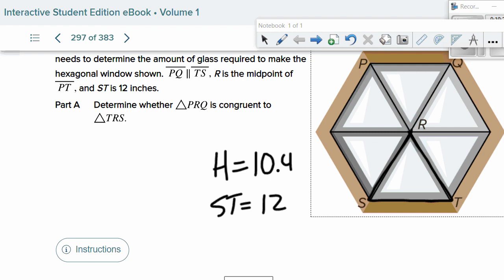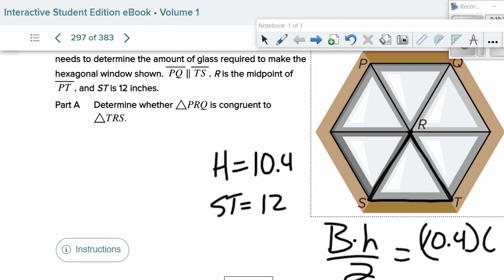They want me to get the area of that particular triangle. Okay. So remember, the area of a triangle is this. And so I can go 10.4 times 12 and divide that by 2. And I believe it comes out to like 62.4. Okay. So that's the area of one of those.